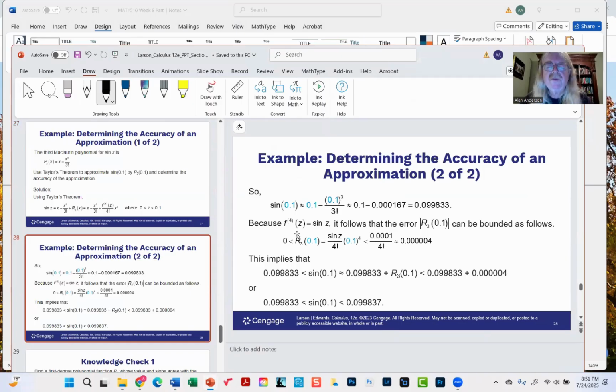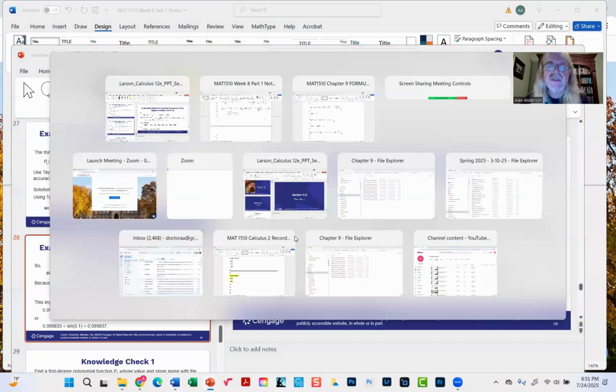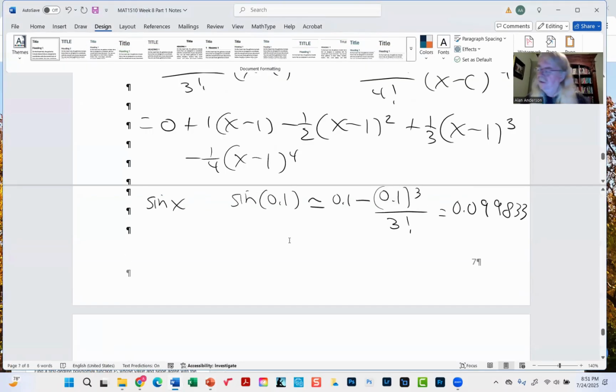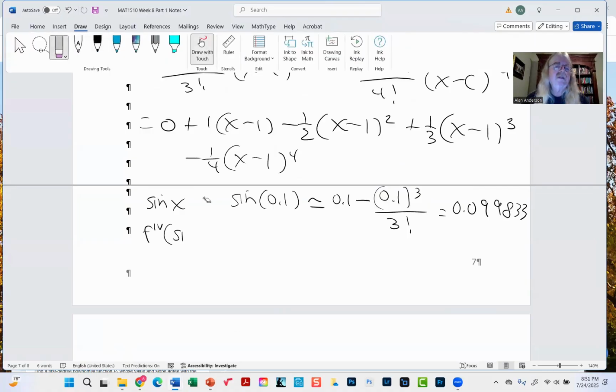All right, fine. Now, because the fourth derivative of z is sine of z. Now remember, the original function was sine of x. Okay.